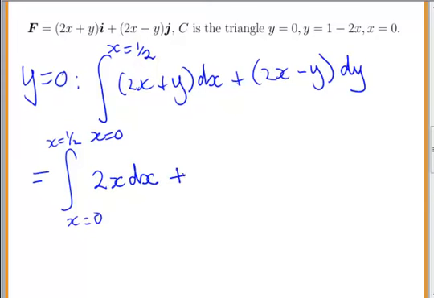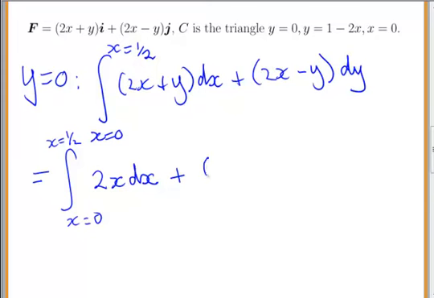What about the second part? Well, here the integral is with respect to y, and we need to change this to be with respect to x. Now, when you change a variable, as in this case from with respect to y to with respect to x, and you've got a function of y in terms of x, then you need to multiply the integrand by dy/dx.